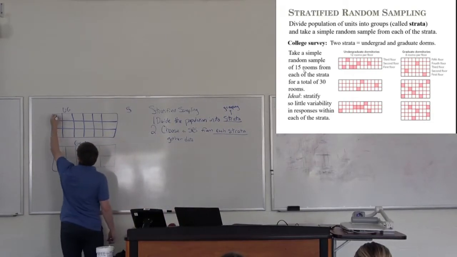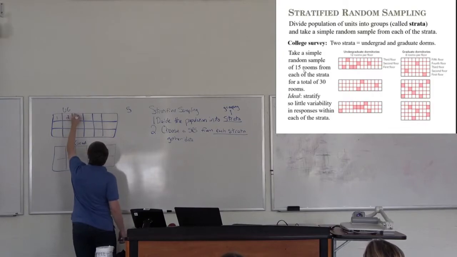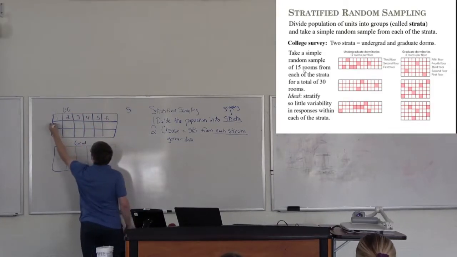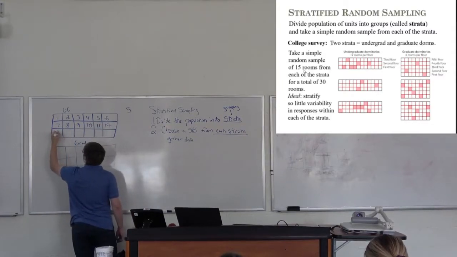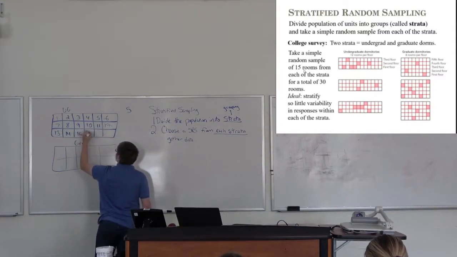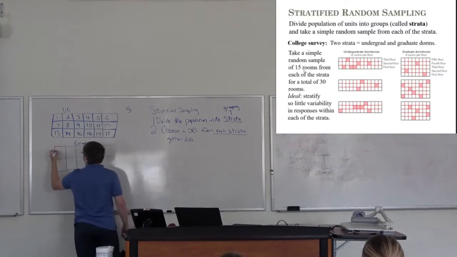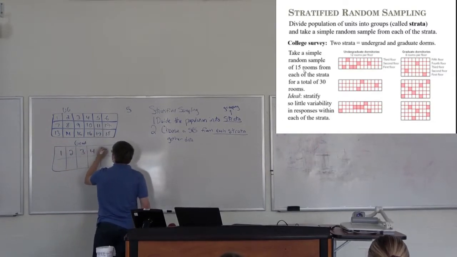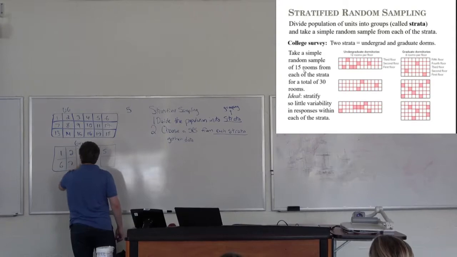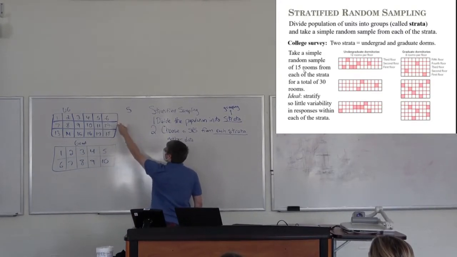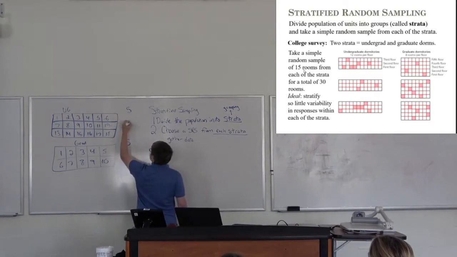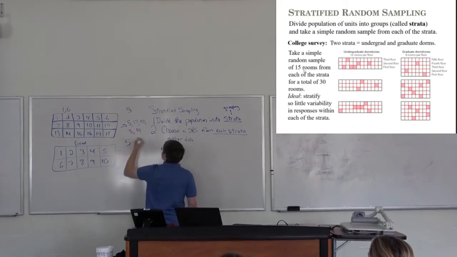But suppose, you know, 1, 2, 3, 4, each of the rooms. And so I do a simple random sample for the first part, and I get numbers 5, 17, 10, 3, and let's just say 14.